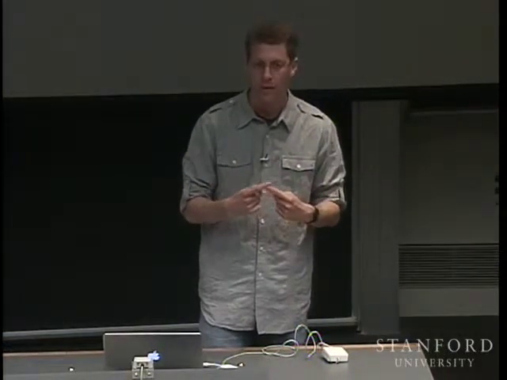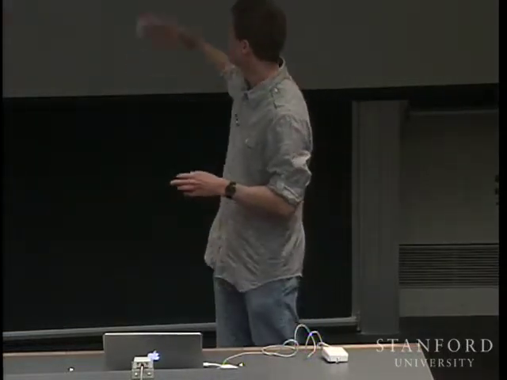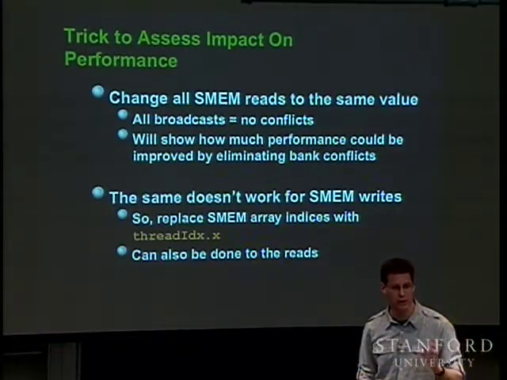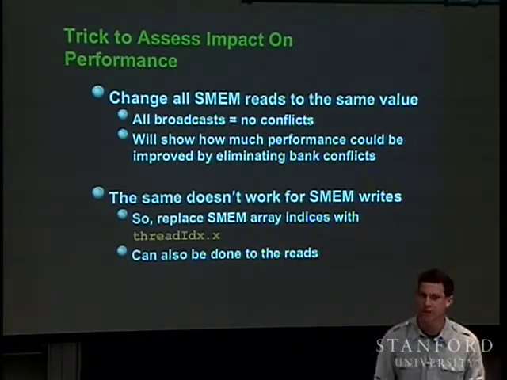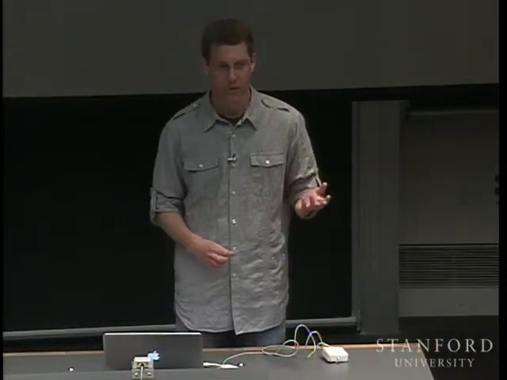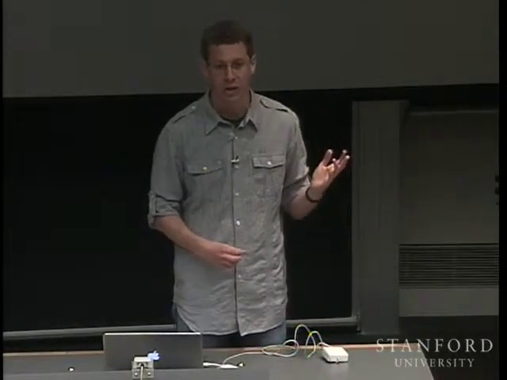It's just if you want to access 2 different values in the same physical bank that you're going to have trouble. So you can say, okay, I'm going to replace all my shared memory lookups with this one value so I know it's full speed, and see how much faster you go, even if you have the wrong result. And if the difference is very small, then you can say, I can ignore this. And if the difference is large, then maybe I have to think about this some more.